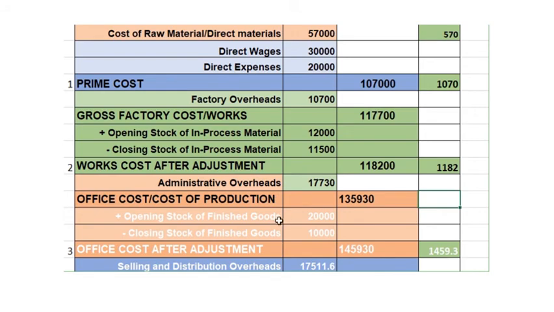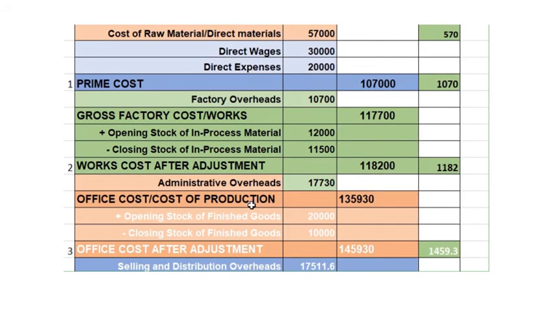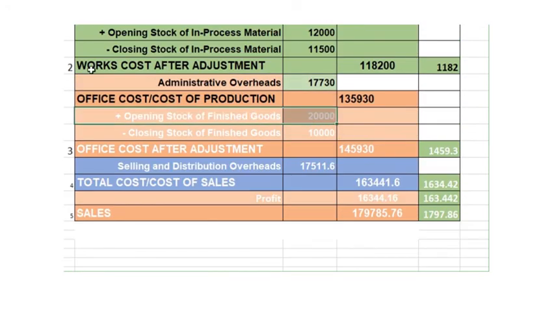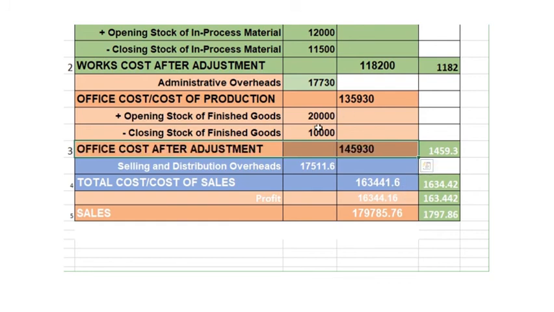Now we'll do the adjustments for the finished goods, because it is after production. The finished goods have to be adjusted. So usually we take the opening stock of finished goods 20,000 and closing stock of finished goods 10,000. To this calculation, opening stock plus, closing stock minus, we get the office cost after adjustment, which is 1,45,930, which is office cost plus opening stock of finished goods minus closing stock of finished goods.